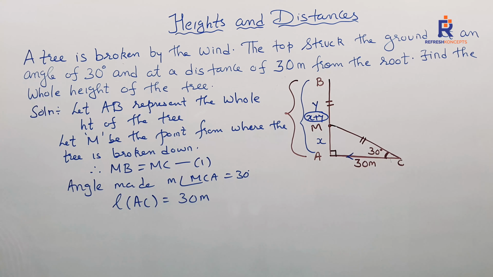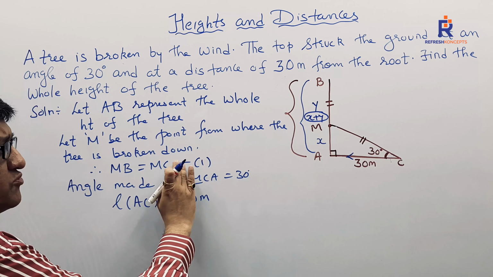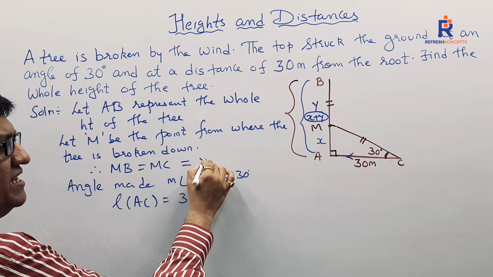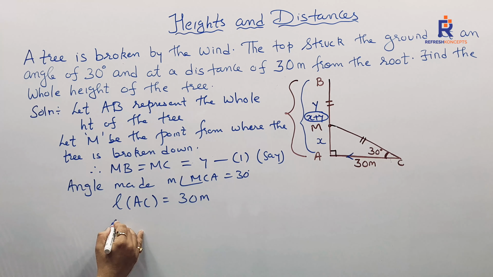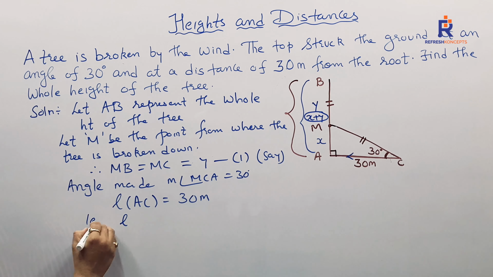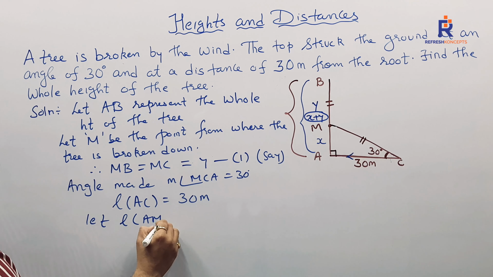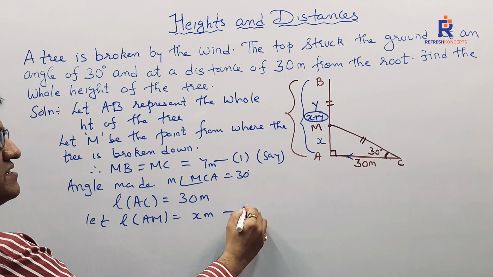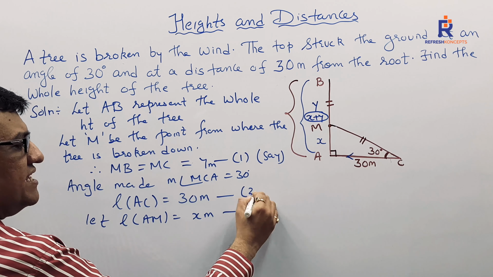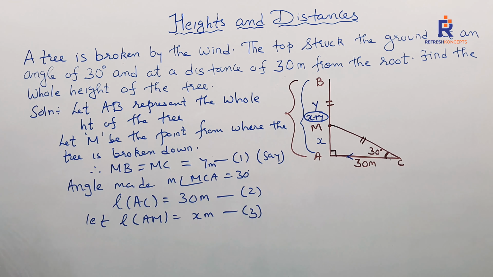So you can jot down here itself, MB equals MC, let us say it is Y. At the same time, let length AM equal X meters. You can label these as equation 2 and 3.